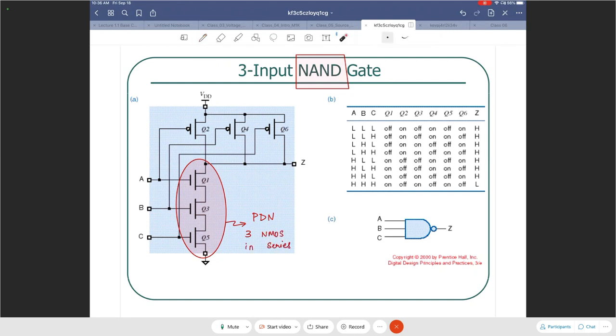I want you to start noticing a pattern of NAND gates having the pull down network of NMOS transistors in series. And the moment you come up with the pull down network, the pull up network becomes quite simple because it's just going to be the complementary of the pull down network. So the pull up network in this case has 3 PMOS transistors in parallel.